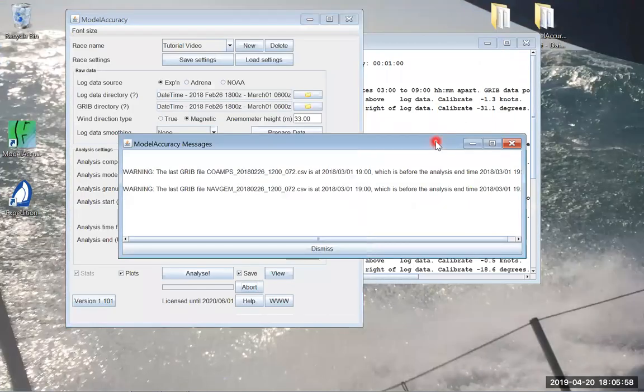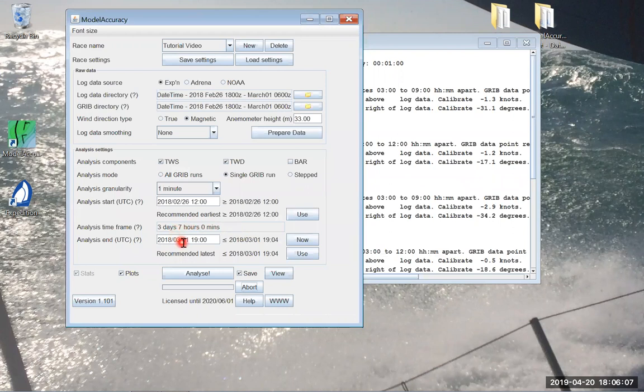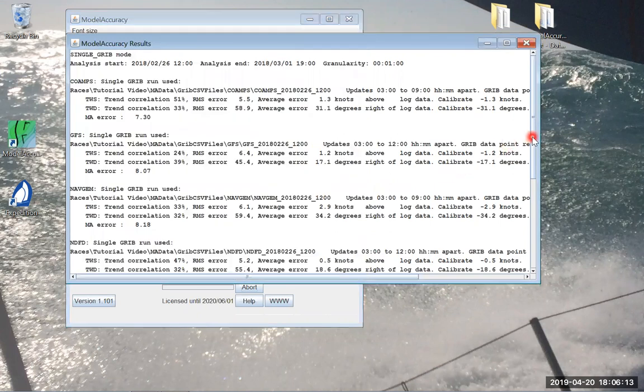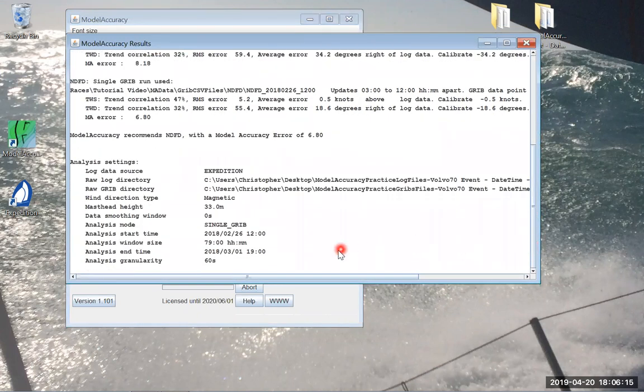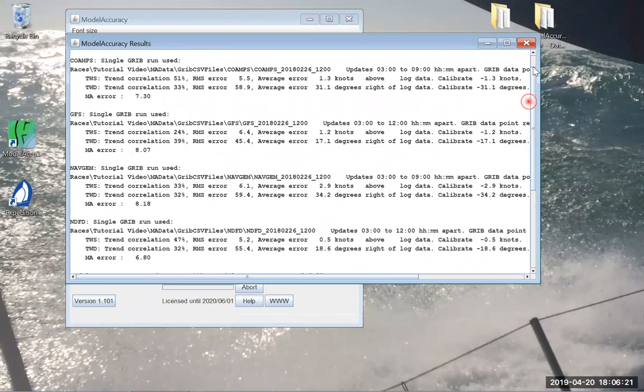Those errors are saying that they end before March 1st at 1900, and we said over here that we're going to go until March 1st at 1900. It's saying that NAVGEM and COAMPS don't go that far, so we're going to have to expect a slightly smaller analysis time down here. Those GRIBs don't go quite that far.